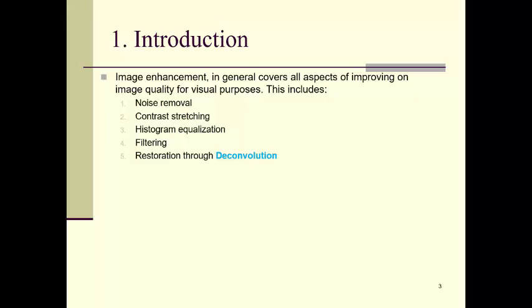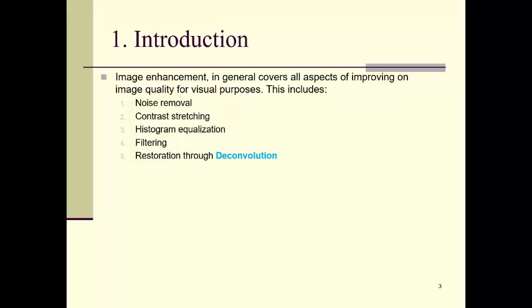And contrast stretching. This means that I want all of the pixels of the image to cover all of the possible levels of intensity that I have, from the lowest to the highest, if I'm talking about grayscale, from the black to the white, okay? So we need to make some sort of stretching of this contrast, so this will improve the contrast of the image that I have, okay?